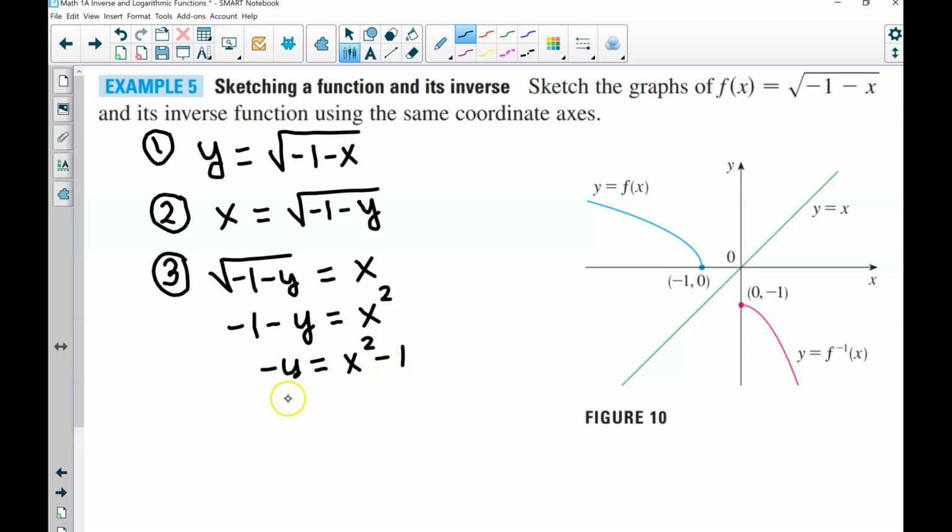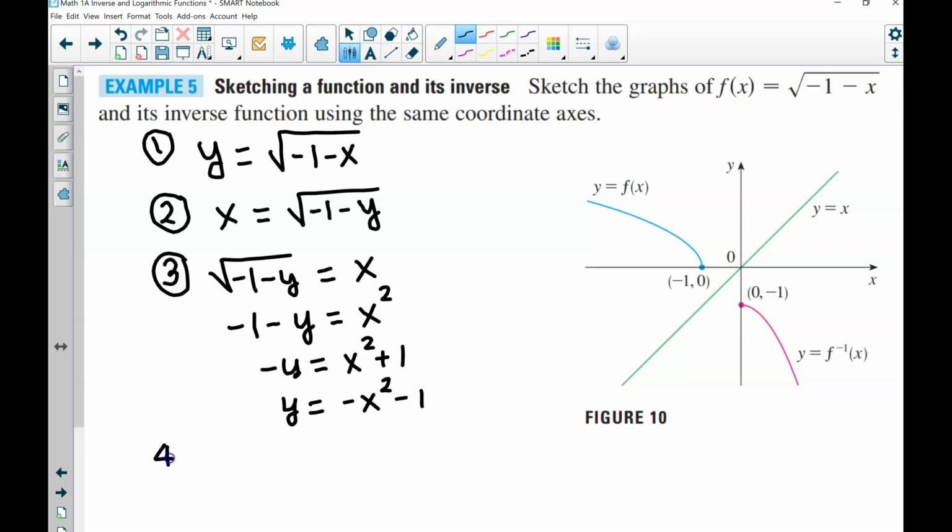And then ultimately, we would say that y is going to equal negative x squared minus 1.